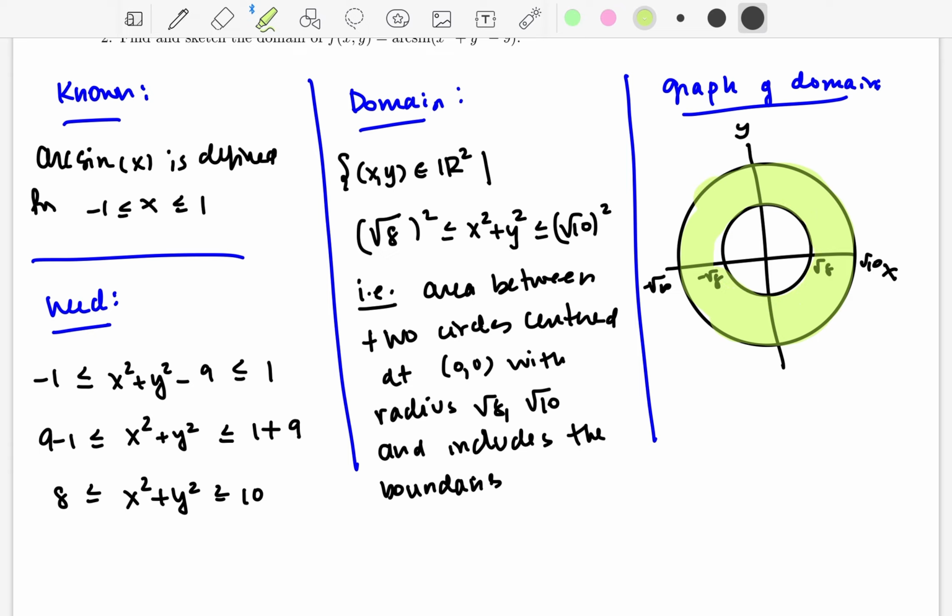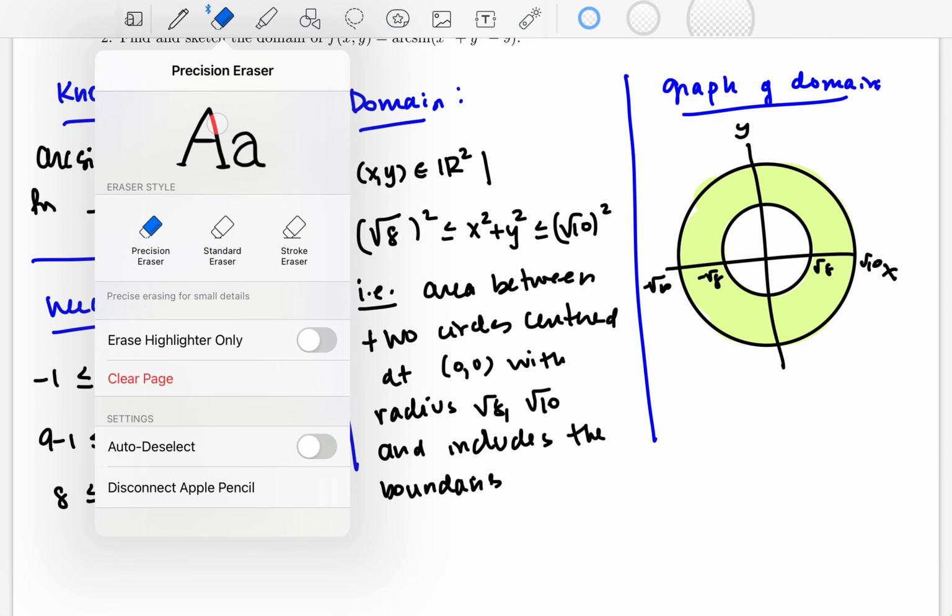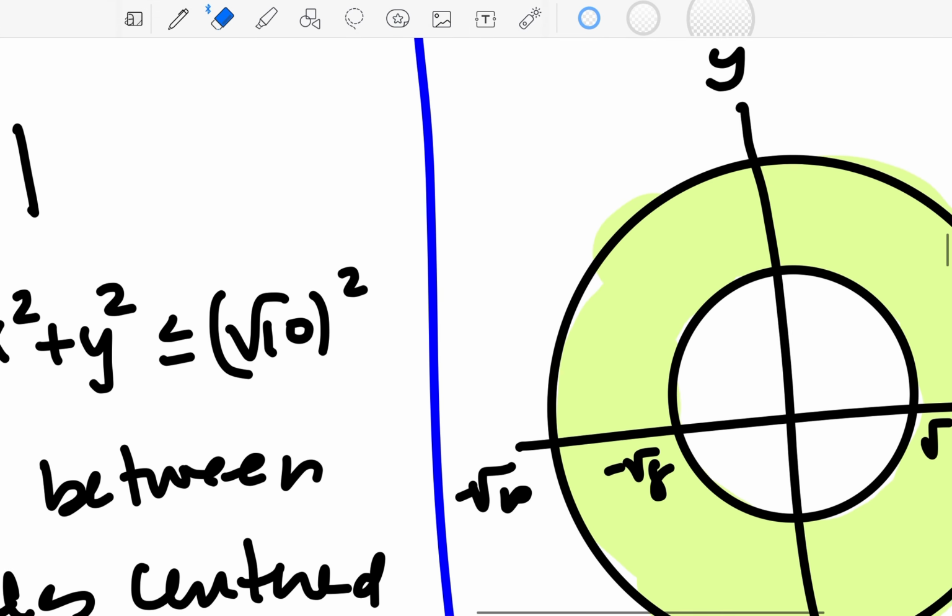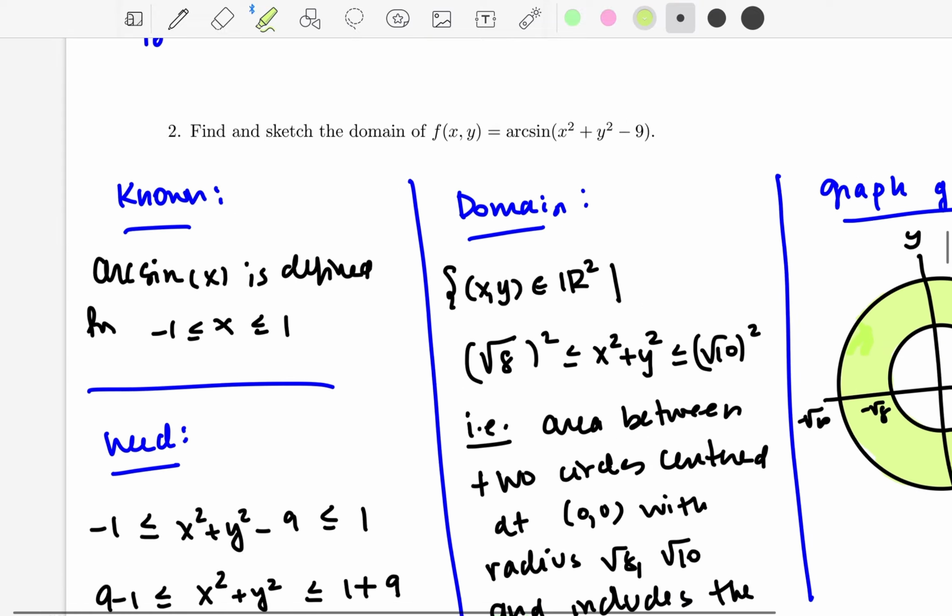Okay, I have to have more control. That's pretty good. All right, perfect. Hold on, I'm not loving the precision. This right here, it's killing me. Perfection. All right.